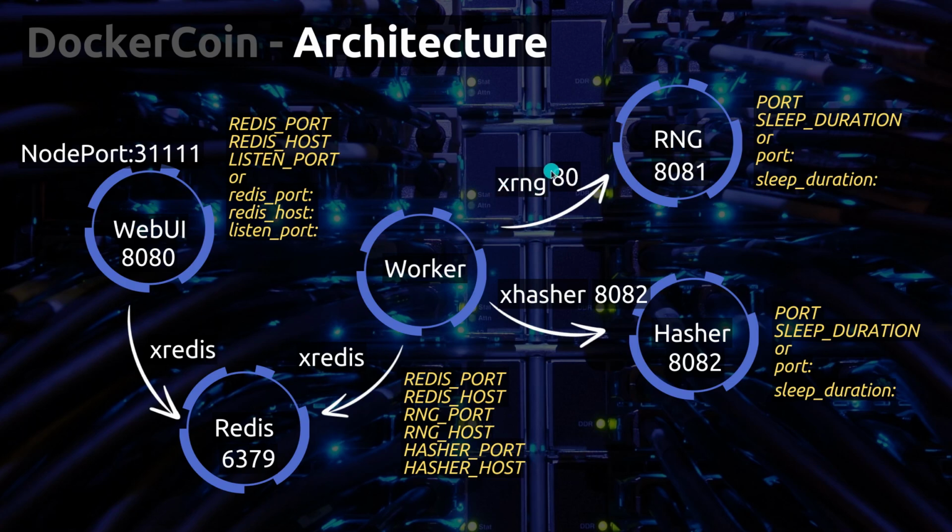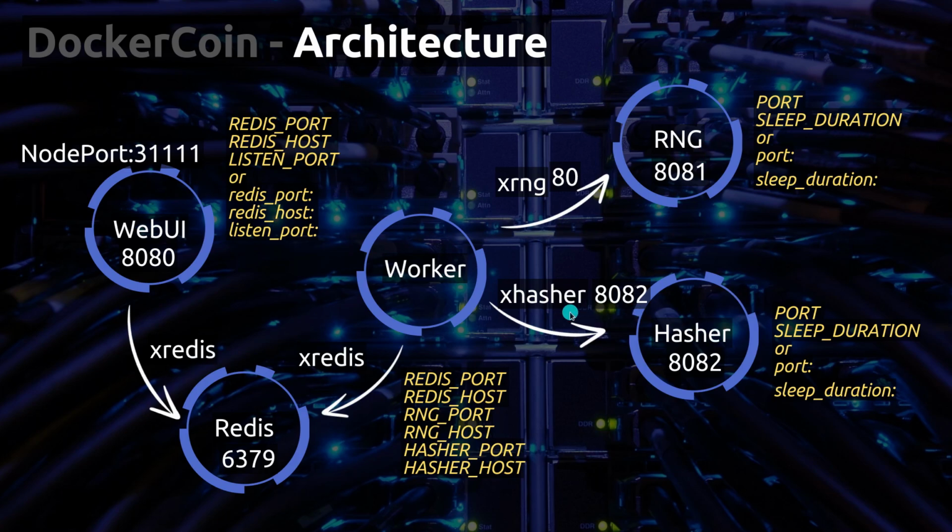To do that, of course, the solution is based on a Service, so you can set a service based on an xRNG entry and port 80, and remap it to our RNG pod on 8081.